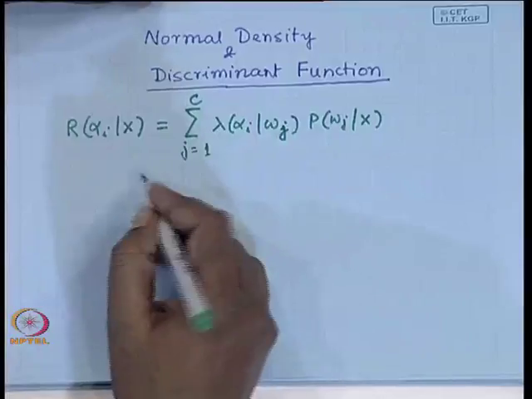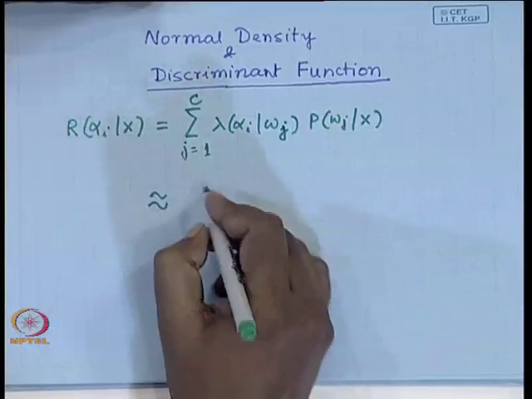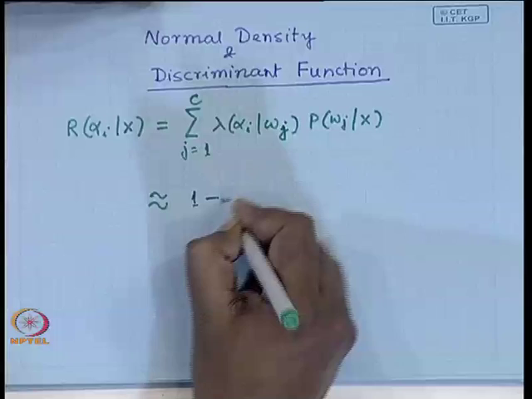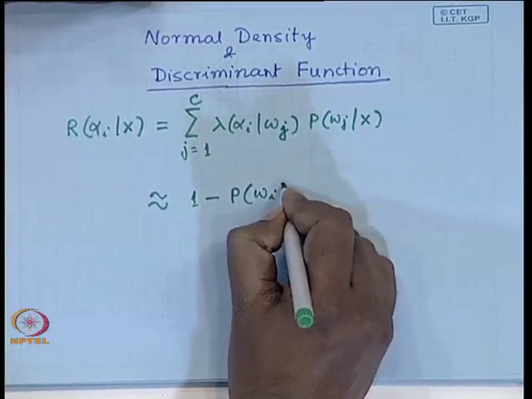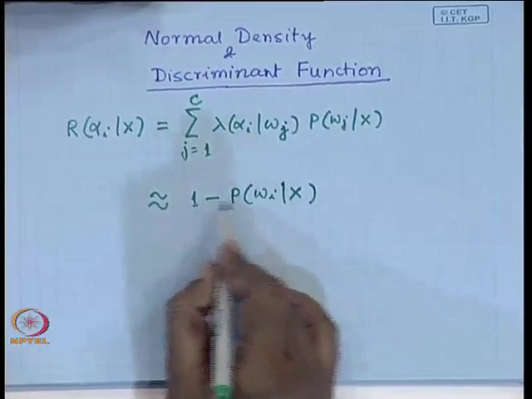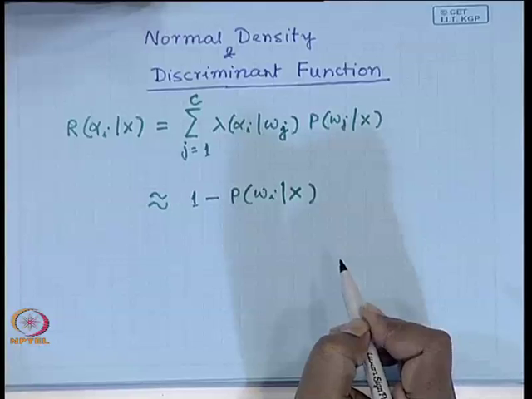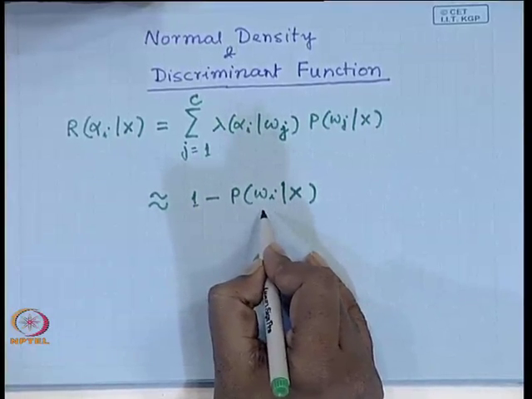And then we said that we can derive another classifier, the minimum error rate classifier, from this Bayes minimum risk classifier, where the risk function can be reduced to the form 1 minus p of omega i given x. When this is minimum, we have to put x in the corresponding class omega i.